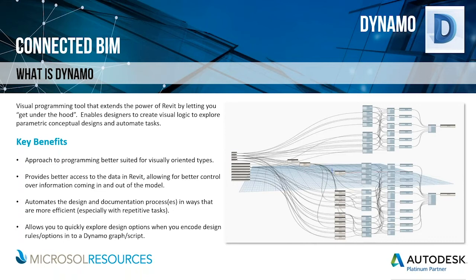Of course, I'd be remiss if I didn't mention that Dynamo is also a powerful design tool, though we won't really be covering that in this presentation. By encoding your design rules into Dynamo through the Dynamo editor that we looked at earlier, it's possible to generate numerous design options rather quickly. If you're interested in exploring that type of opportunity with Dynamo, I would recommend first looking at Project Refinery from Autodesk.